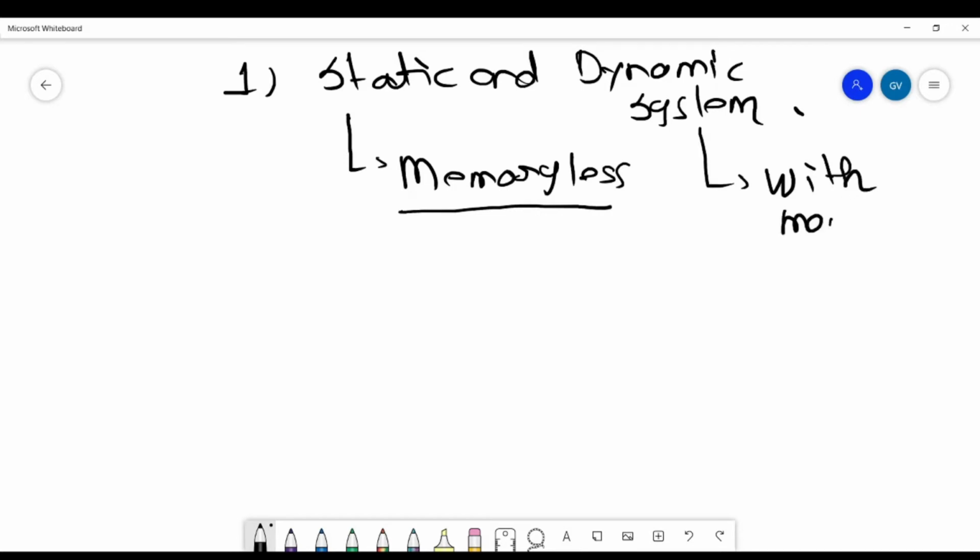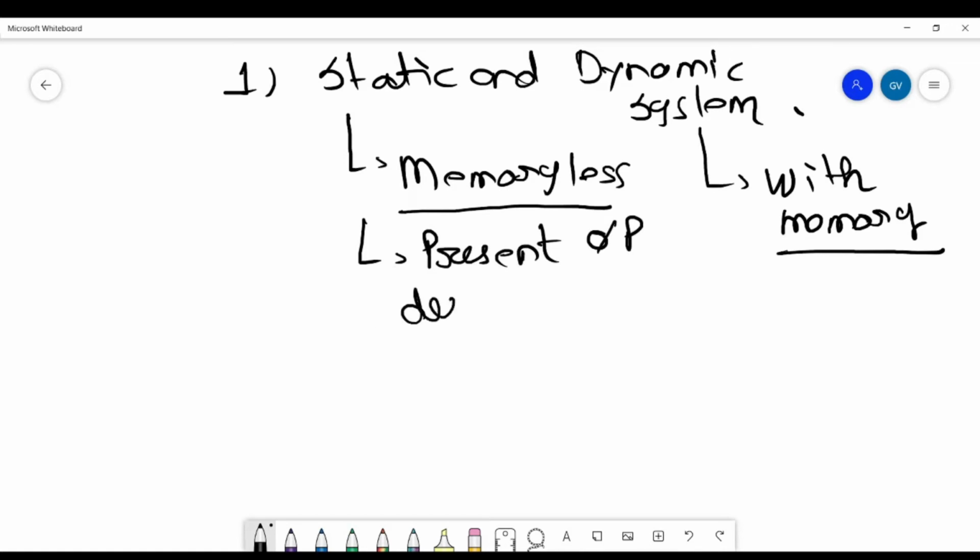Memory-less system basically means the present output depends on the present input. Now I'll make you understand how the present output depends on the present input and how it does not.